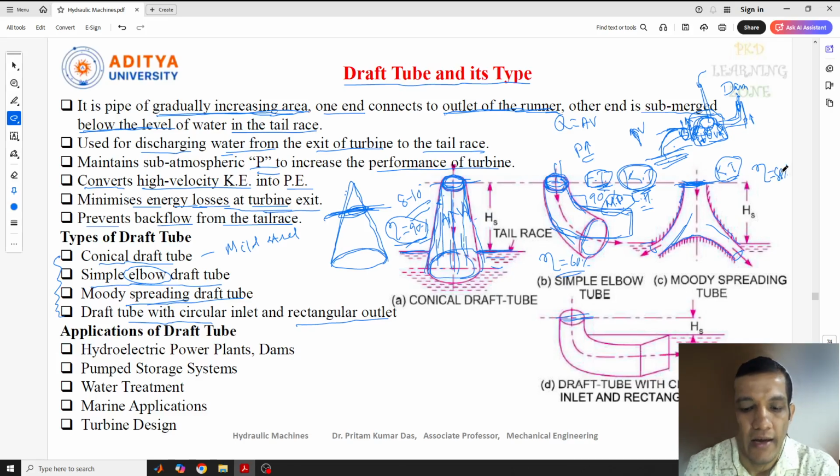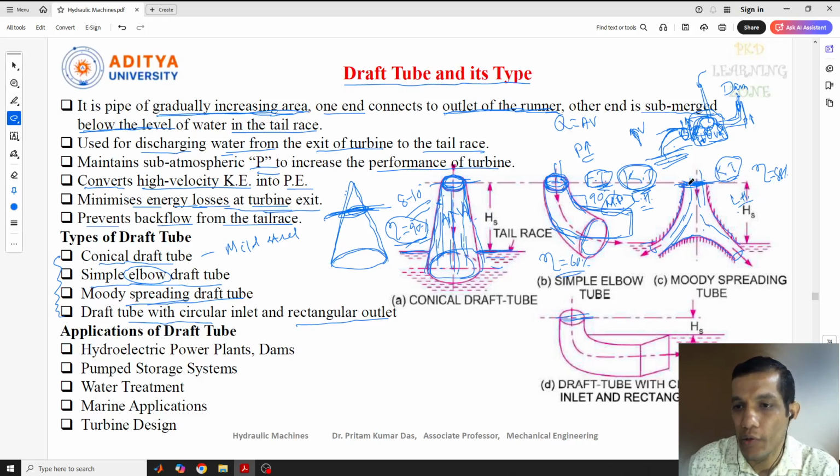It's divided into two parts, as I told you. In this draft tube, the main aim is to reduce the swirling motion: when the water comes out from the runner part, it tries to avoid the swirling motion in the water. This can also be used in low head condition.